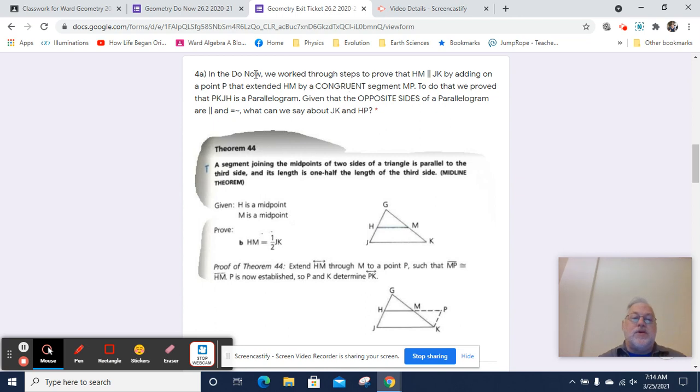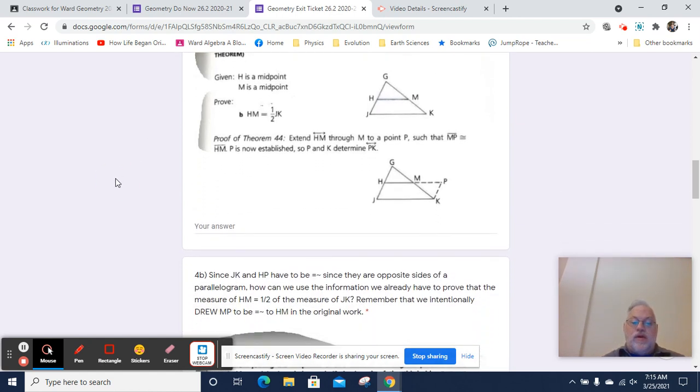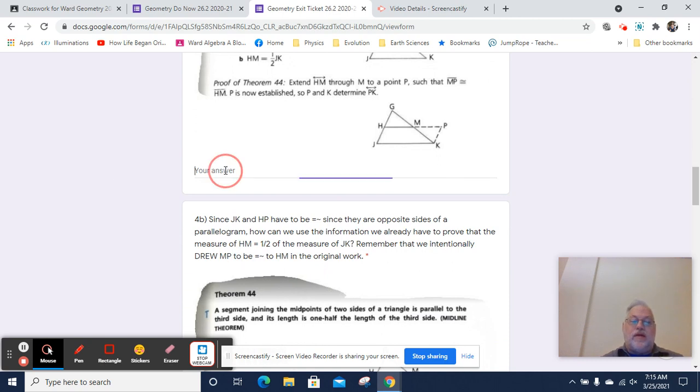So here's what we want to consider. In the do now, we worked through steps to prove that HM was parallel to JK by adding on that point. To do that, we proved that PKJH is a parallelogram. Given the opposite sides of a parallelogram are parallel and congruent, what can we say about JK and HP? Now, we know that they are parallel.